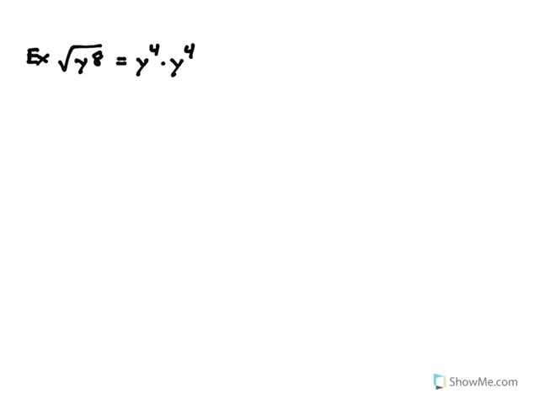Well, 4 plus 4 gives me 8, because if I multiply these two together, I need to add the exponents, and that gives me my original radicand back. So that leads me to believe that the answer is just y to the 4. Okay? So keep that in mind. We have to remember the rules of exponents, all right?